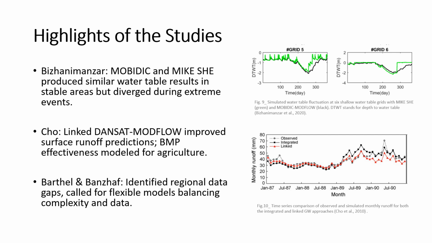Regarding the highlights of the study, in the first study MOBIDIC and MIKE SHE reproduce a similar water table, with results stable in stable areas but diverging during extreme events. We can also see in the figure that for some days they were almost the same, but they had differences in other parts.